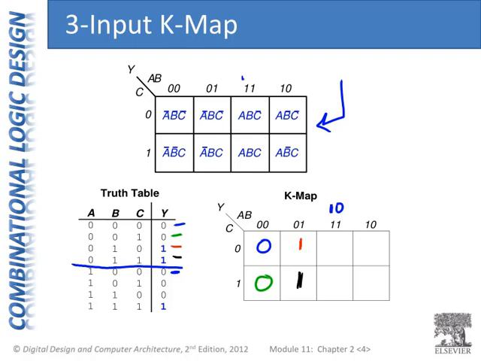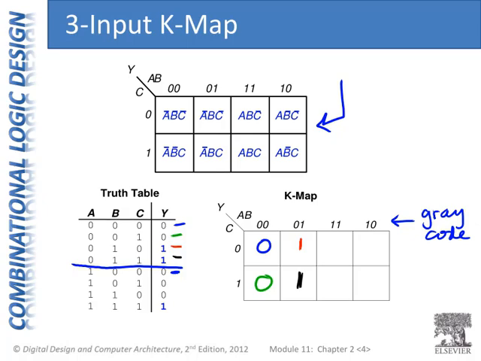In this case, when we reorder it, they differ only in A. B stays the same from one column to the next. So we number the top row of our K-map in this order. This is also called a Gray code because adjacent values differ only in a single bit position.